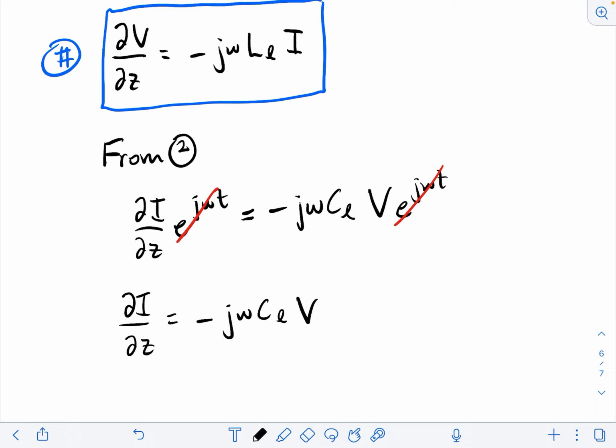Okay. So what's nice here is that we can do a further manipulation. And so let's go back up here to the equation in the blue box. Let's take a second derivative with respect to position. So then we would get d2v dz2 is equal to minus j omega inductance per unit length di dz.